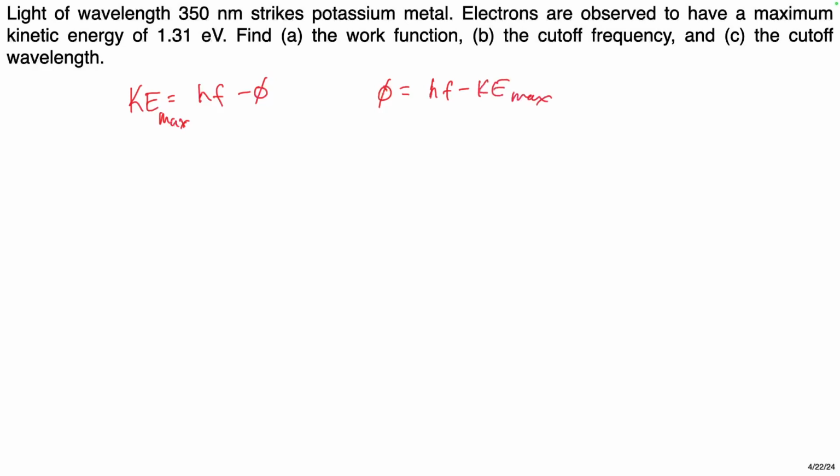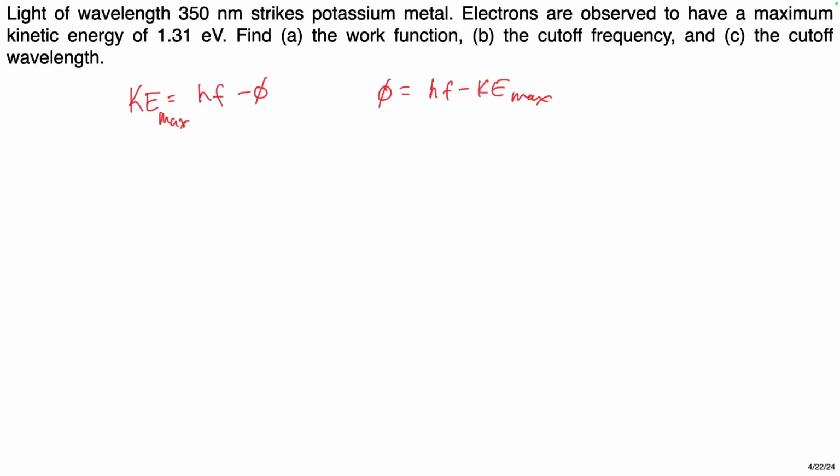That's an algebraic manipulation: I move the work function over, add it to both sides, subtract the kinetic energy from both sides, and I end up with this statement right here. But the problem is they haven't given us the photon's frequency. They've given us the photon's wavelength. So how do we get from one to the other?